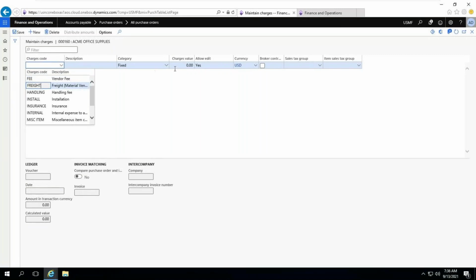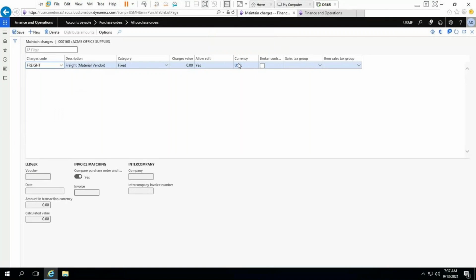Now I'm entering the same $150, but I will allocate based on the quantity, based on the freight. The freight will be mapped based on the quantity now. I'm sorry, let me enter this $150.